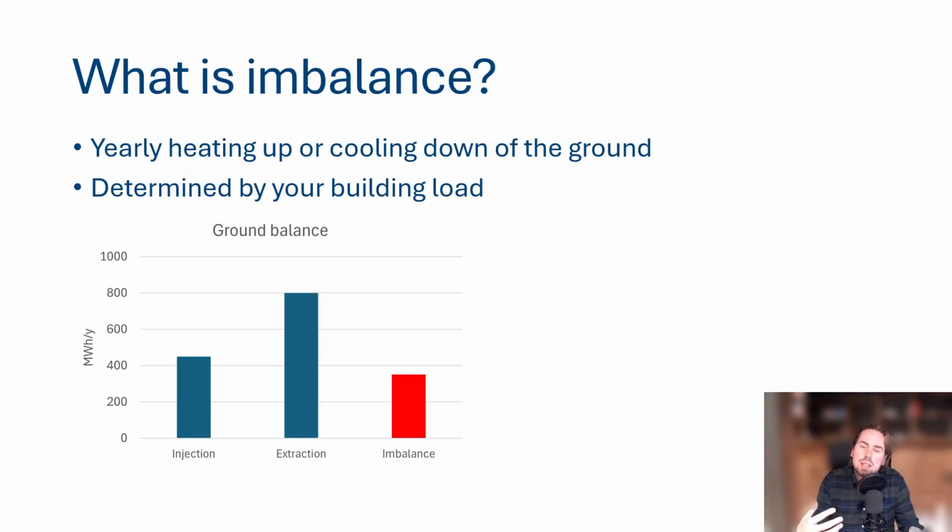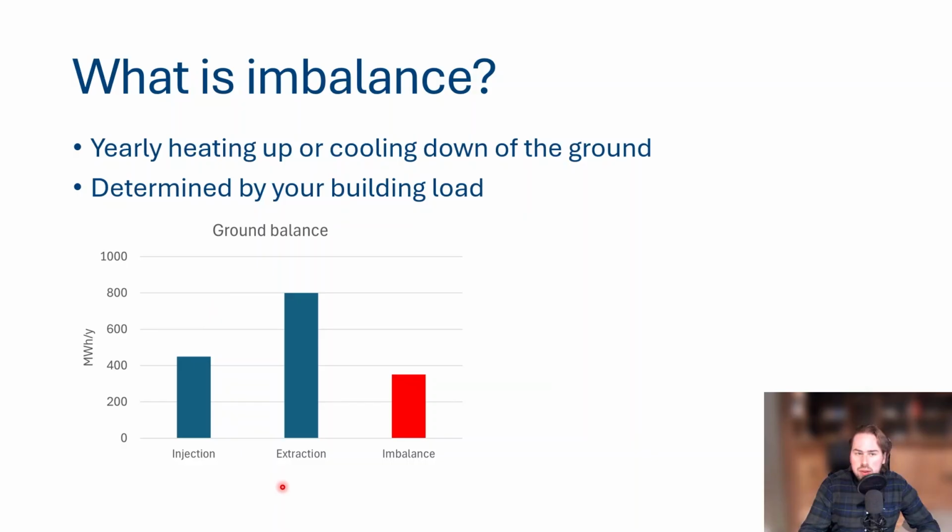The imbalance is the yearly heating up or cooling down of your ground, of your borefield, and it's mainly determined by your building load. So again, in this figure, if you have more extraction, so your building has a higher heating demand, you extract more heat from the ground than you're injecting back into it.